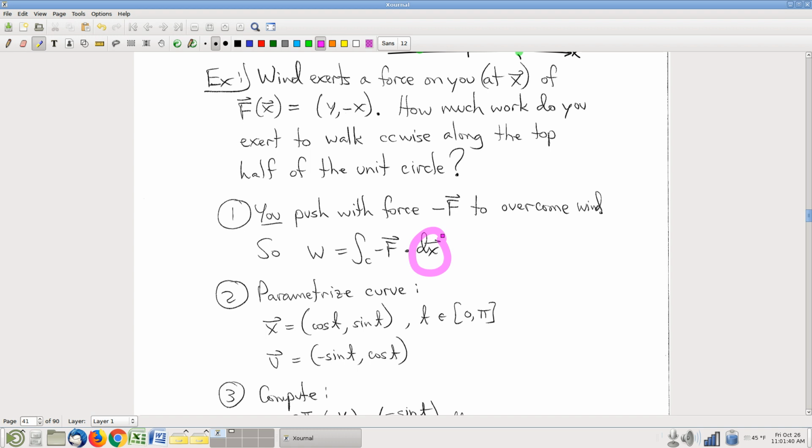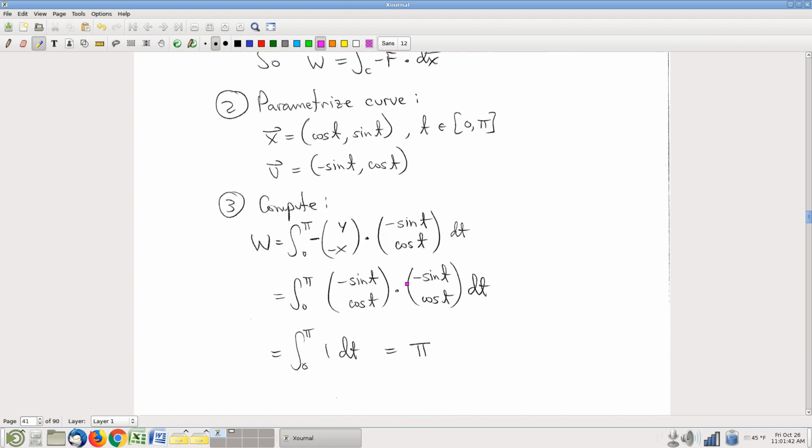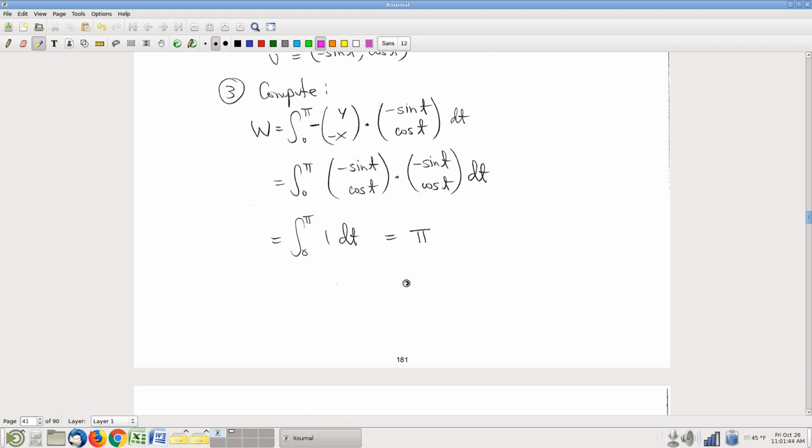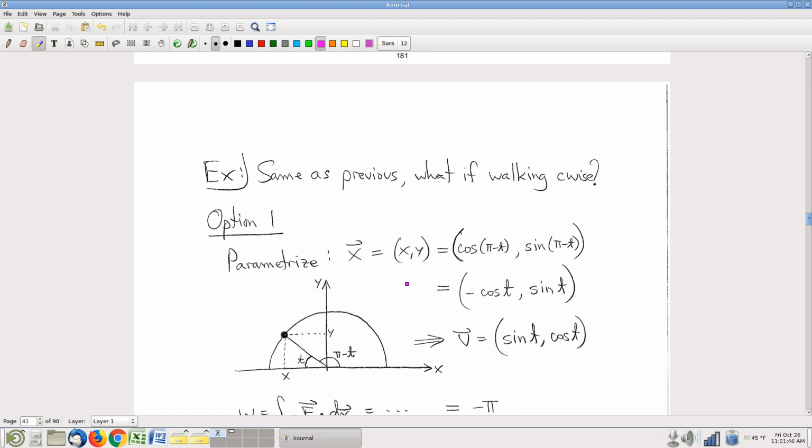Okay. All right, so a question from over here earlier: what if you're going the other direction? So you're going that way along the curve instead of that way along the curve. These are two different curves in terms of work calculations.